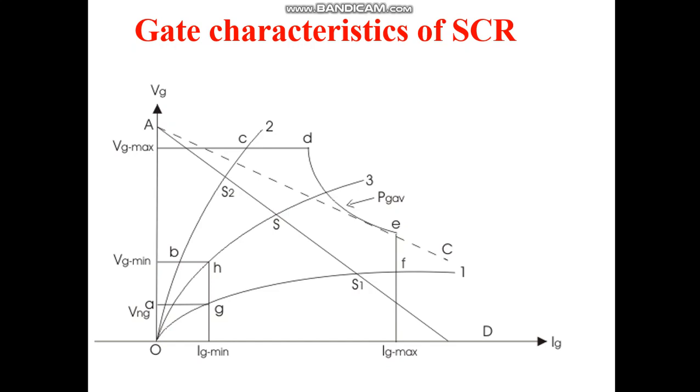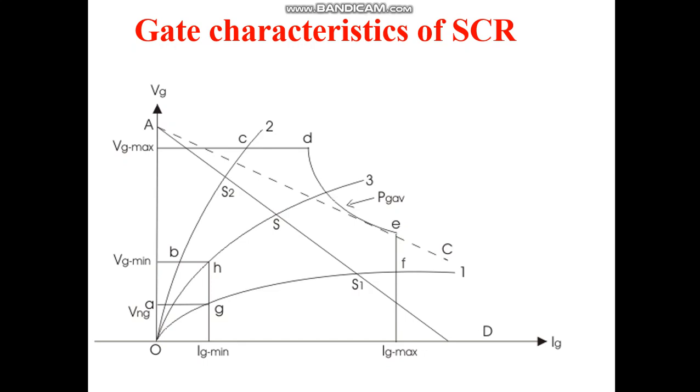Ig minimum is the minimum gate current, Ig maximum is the maximum gate current, Vg minimum is the minimum gate voltage, and Vg maximum is the maximum gate voltage. These parameters and specifications are given by the manufacturer at the time of the manufacturing process or designing of SCR.